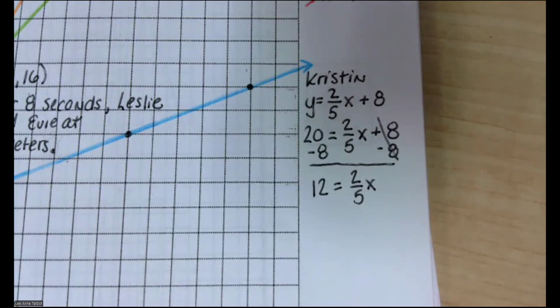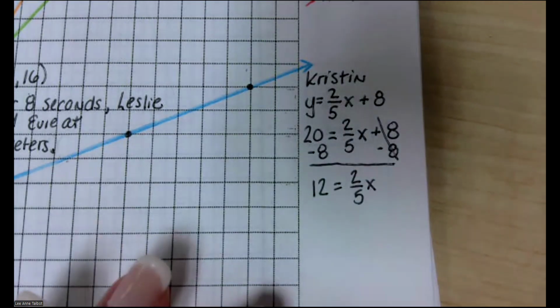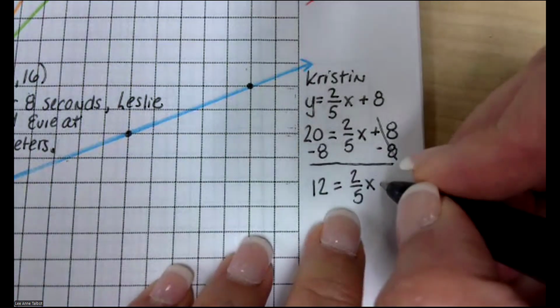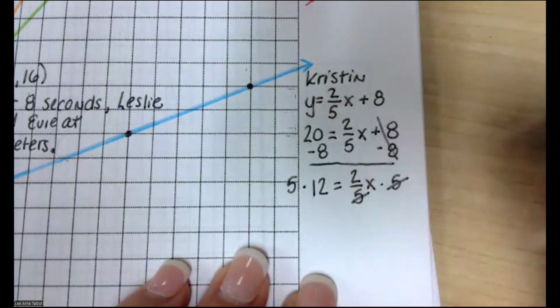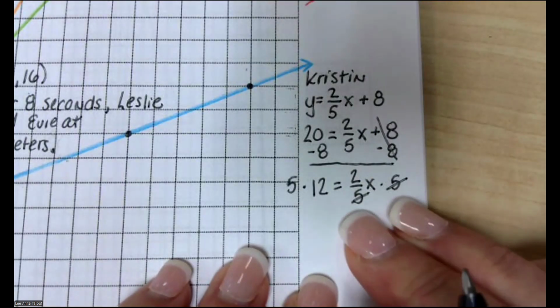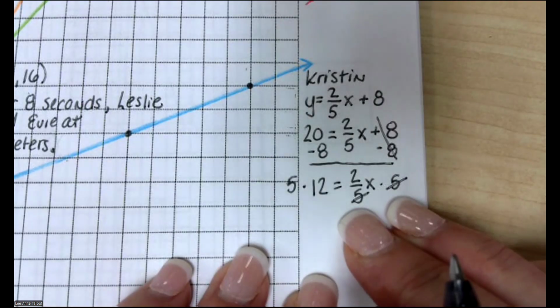Now there's a lot of ways you could do this. I like to multiply both sides by 5 right here, and cancel out the 5s on this side because one is in the top and one's in the bottom.